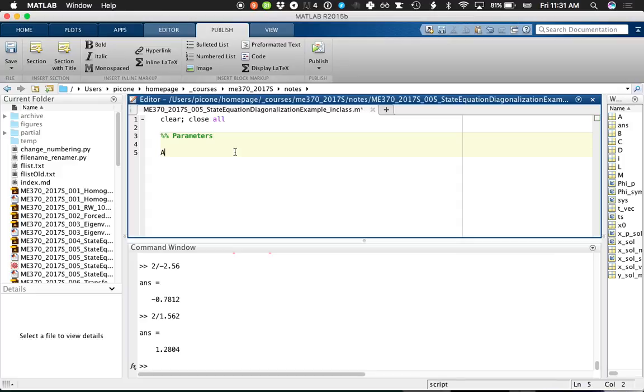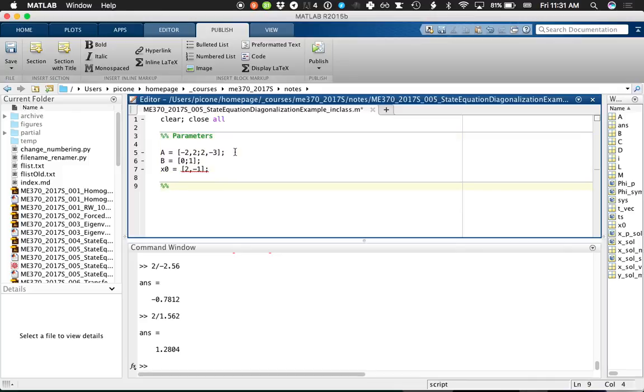The A matrix is negative 2, 2, and then 2, negative 3. Don't worry, I'm going to upload this script. And the B matrix is 0 and 1. And then our initial conditions, these are all just given in the problem, right? The initial conditions are 2 and negative 1.